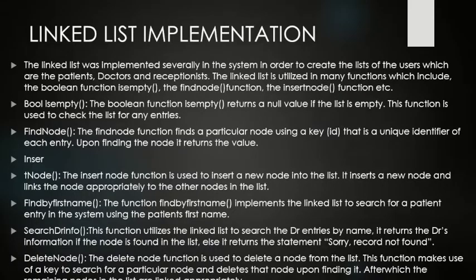In our system, we used linked lists to store the data of the patients, the doctors, and the receptionists. Those lists have several functions, such as empty function, find node, insert node, find by first name, search for the doctor, and delete node as well.